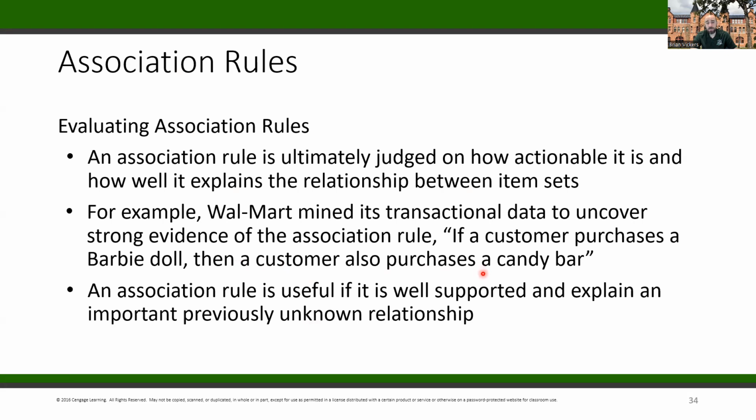Maybe we put the toys next to the candies, right? Or something like that. Maybe in the checkout lane there's specific items, or maybe we tell our providers we need a Barbie themed candy bar or something to create this product. So if it's useful, it's well supported. If we can find strong evidence of it, then perhaps we can do something about it.